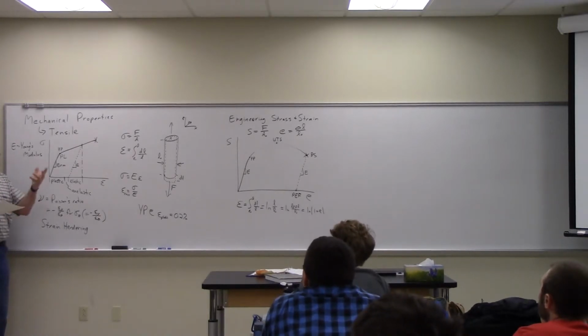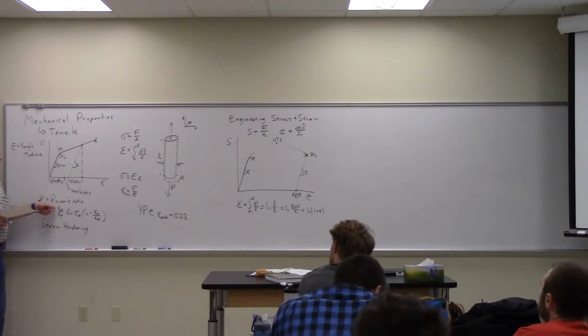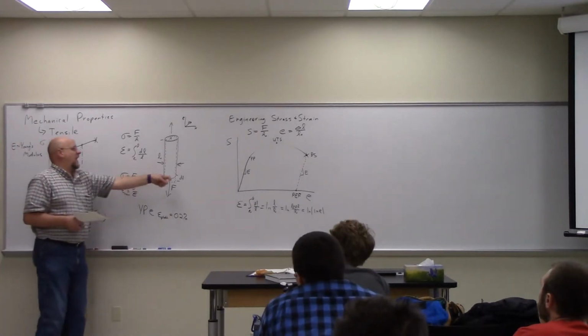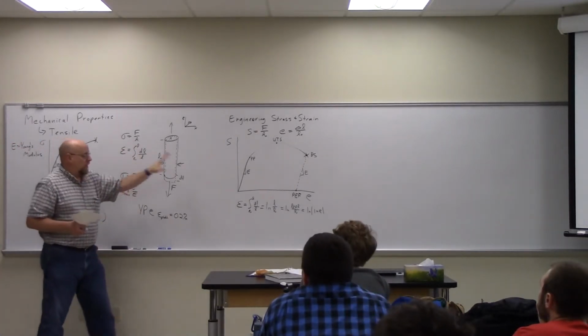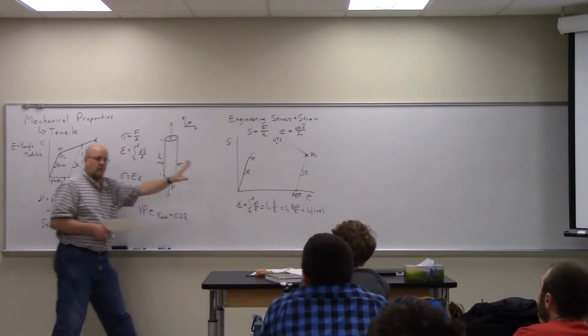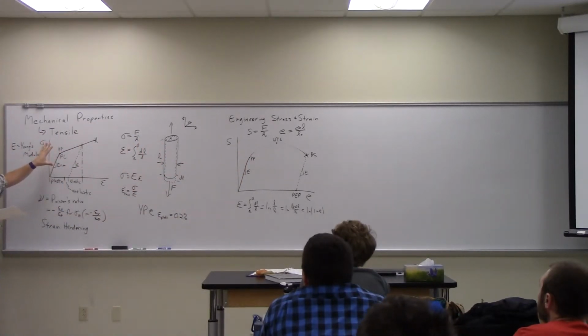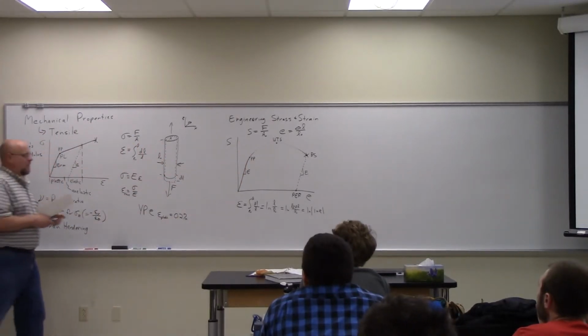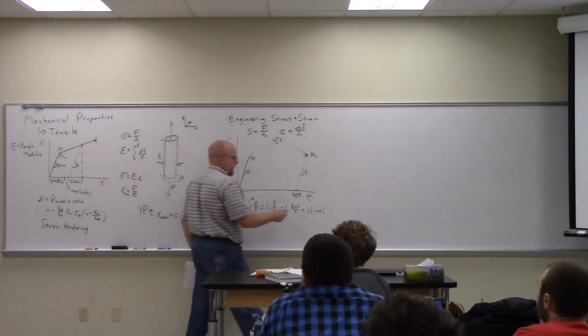Each material has its own Poisson ratio, just like each material has its own Young's modulus. It's a material property. If I know Poisson's ratio for that material, then I can find EX. If I know EX, I can find A, so I can get the stress. So I can get from engineering properties to true stress and strain properties using this relationship.